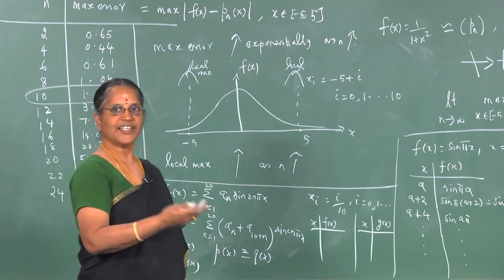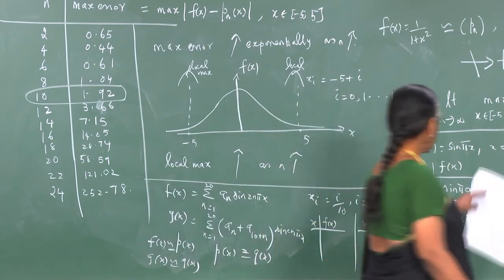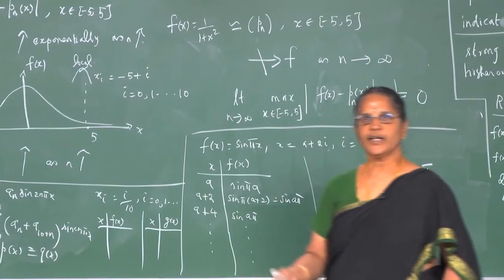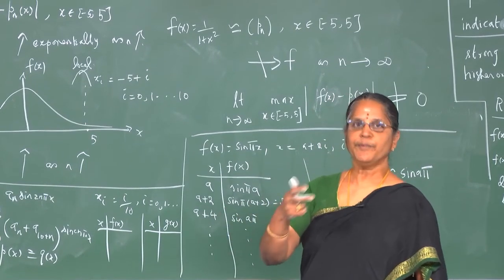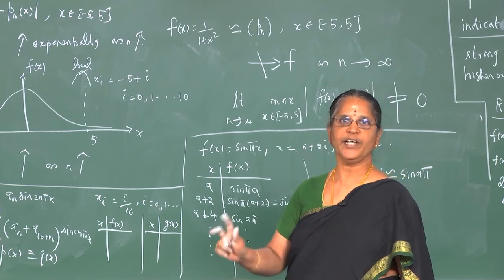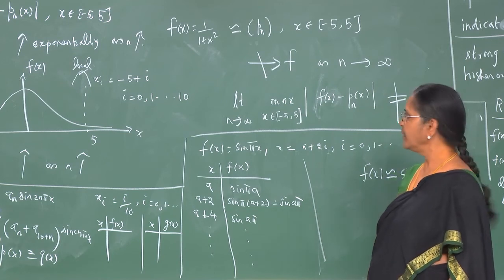It may be f of x or g of x, and they are totally different. So these examples illustrate that your interpolation computation can be totally unreliable, and there are absolutely no indications of the fact that it is an unreliable result.